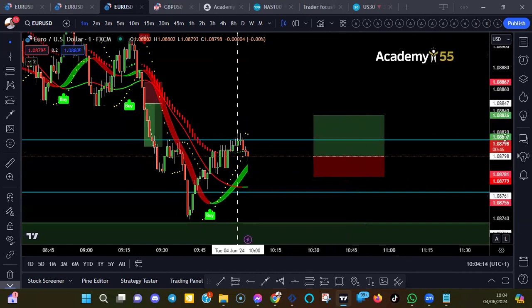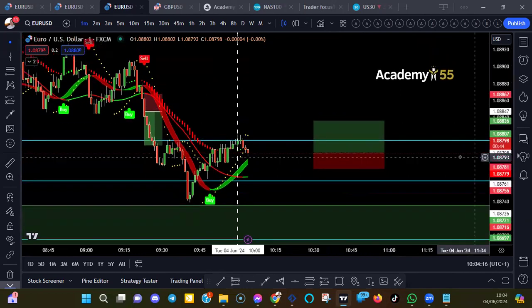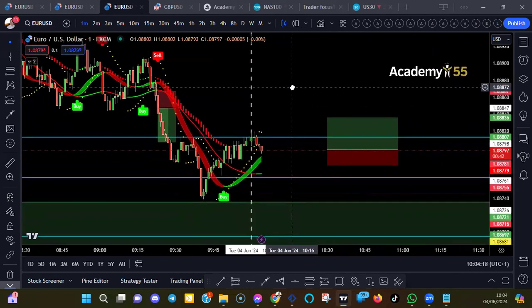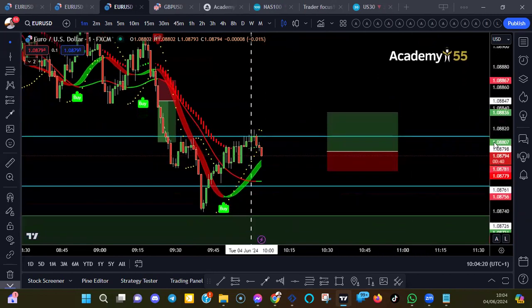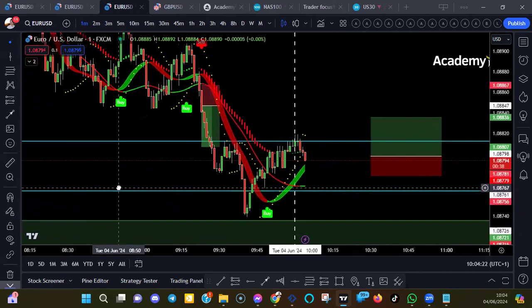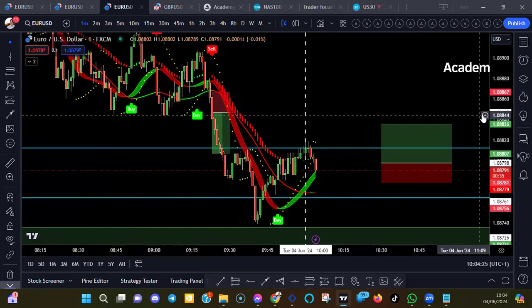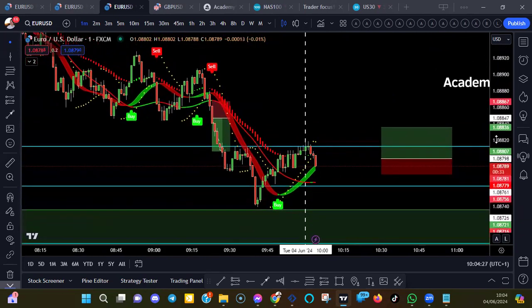But our Academy 55 indicator is a really good tool for getting us into trades and out of trades and giving us all the good signals and signs that we need for a successful trade.